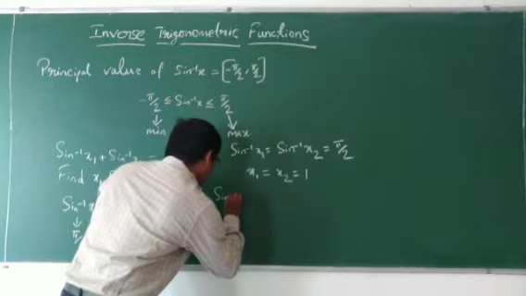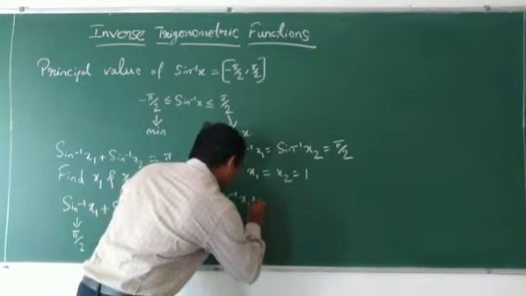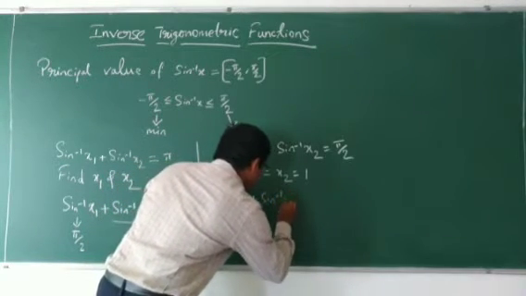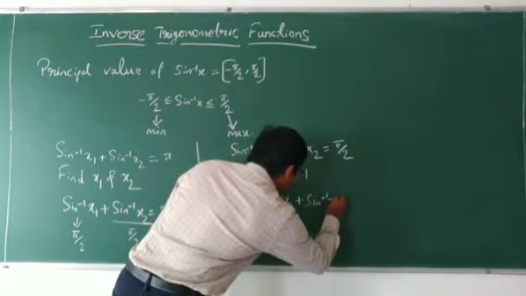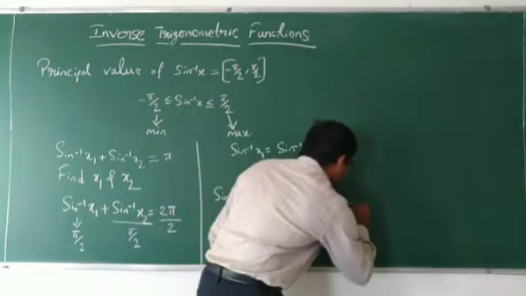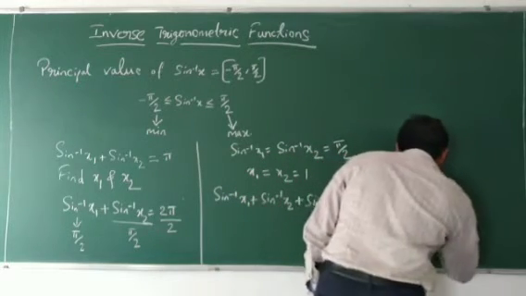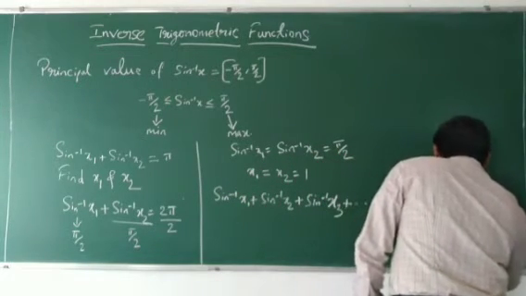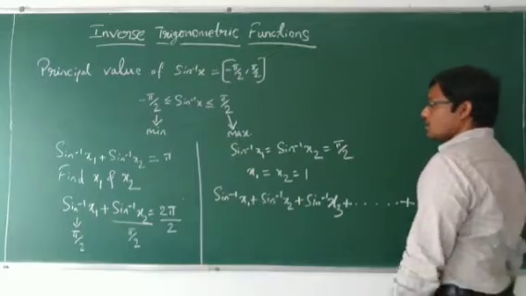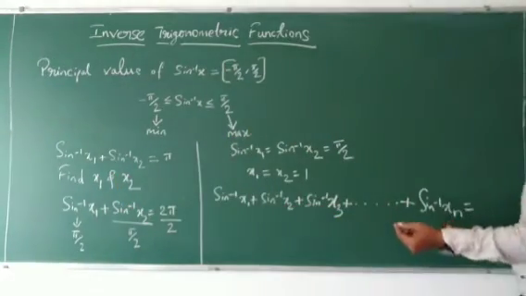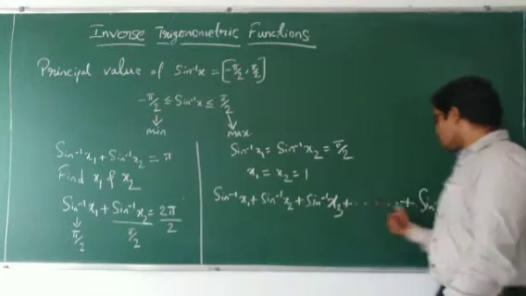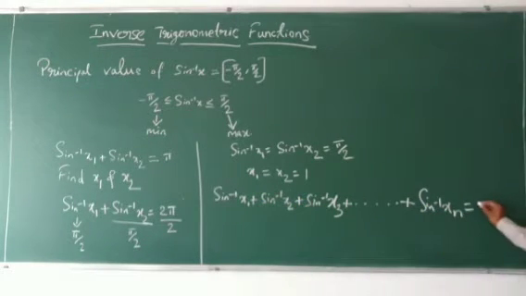Suppose I have sin inverse of x1 plus sin inverse of x2 plus sin inverse of x3 and so on plus sin inverse of xn. Now instead of taking two terms, I am making it a generalized equation, x1, x2 till xn.